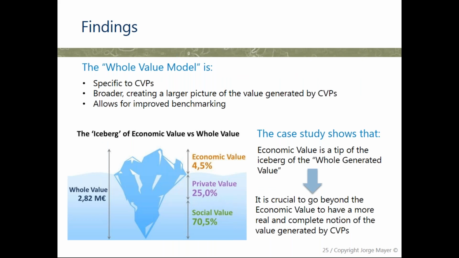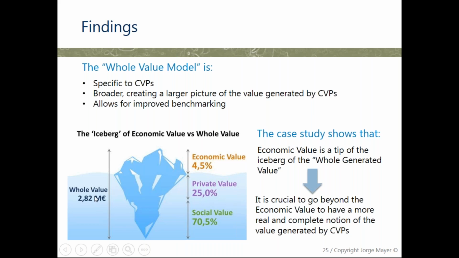So in the end, the finding is that we have a model that can be specific for corporate volunteering. It's broader, it gives us a larger picture, and perhaps it will allow us improved benchmarking in the future. This graphic here of the iceberg is, I would say, the main picture of this whole webinar.